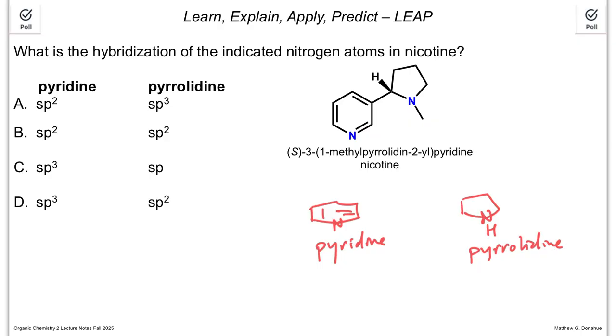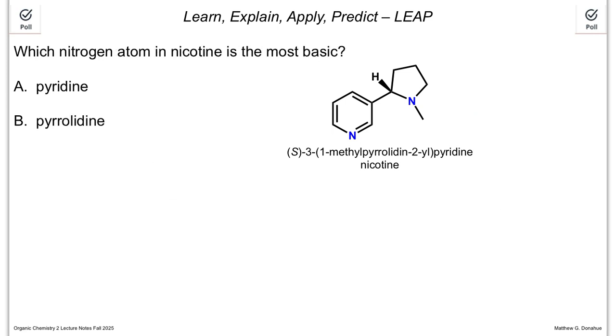And so just by looking at that, we can say that's sp3, and this one's sp2. And then from that series of compounds relating basicity to hybridization, the sp3 nitrogen is going to be more basic. I think that was the next question. So the pyrrolidine.